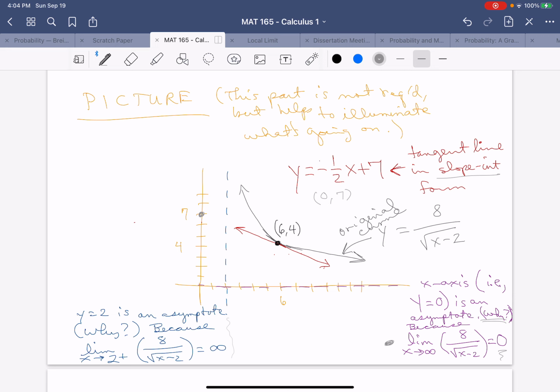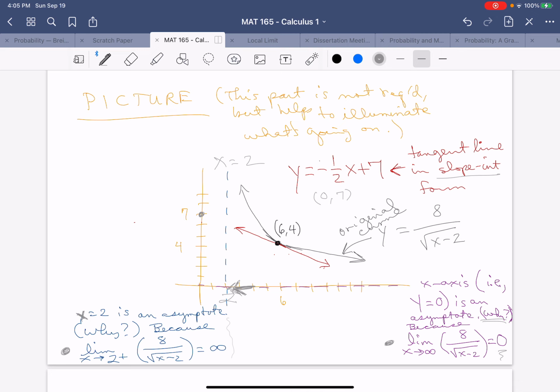And similarly, we've got another asymptote, which is x equal to 2. I don't know why I put y there, that's x equal to 2, this line here, and that is an asymptote. And why is that an asymptote? Because of this limit. If we take the limit as x approaches 2 from the right, then we're going to get infinity.